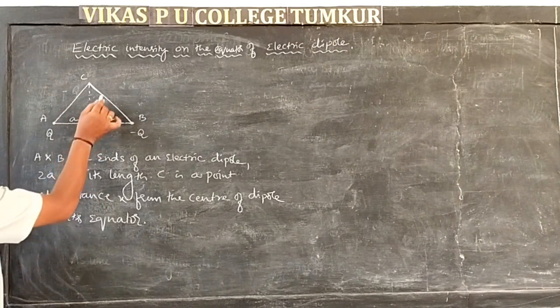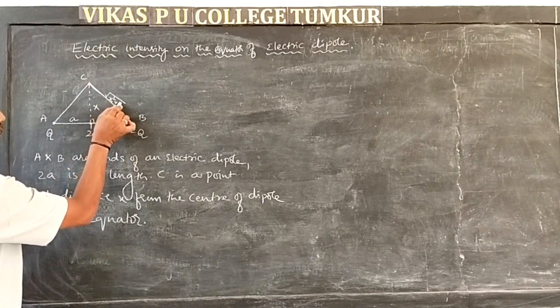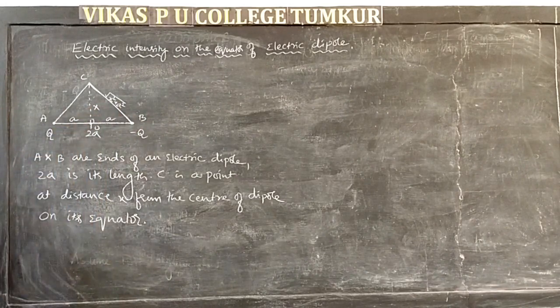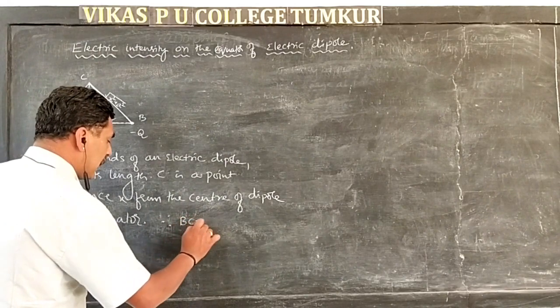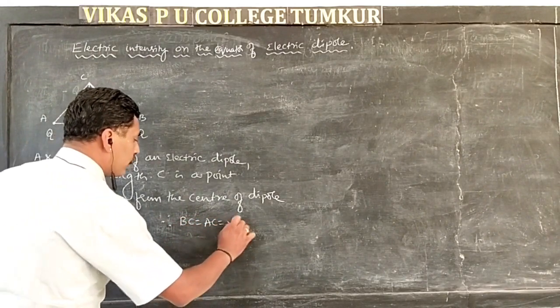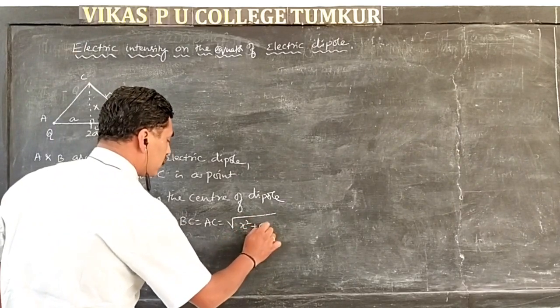Pythagoras theorem, both are of length root of x square plus a square. Therefore, BC and AC are both of length square root of x square plus a square.